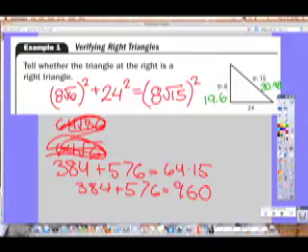So then it's 960 equals 960. So then you know that this is right.